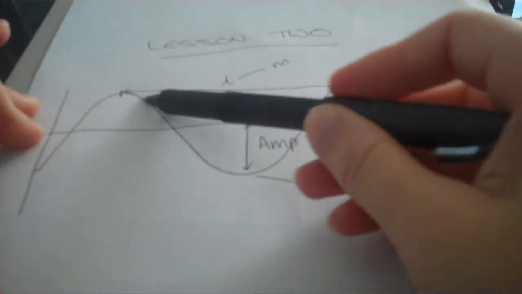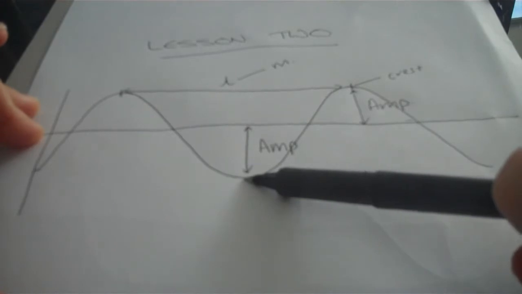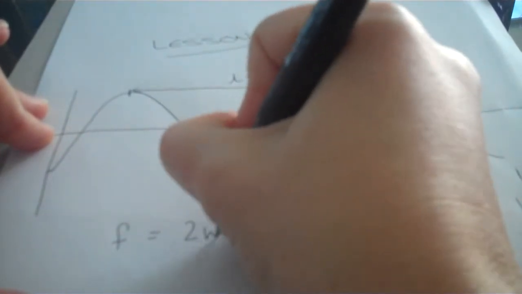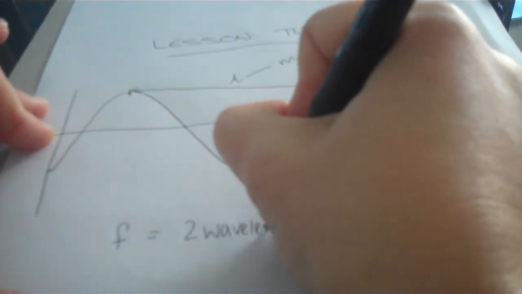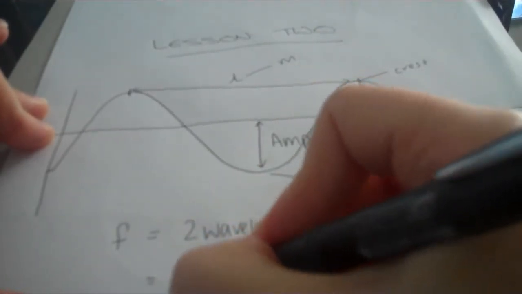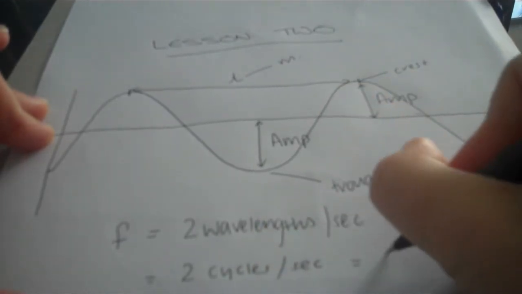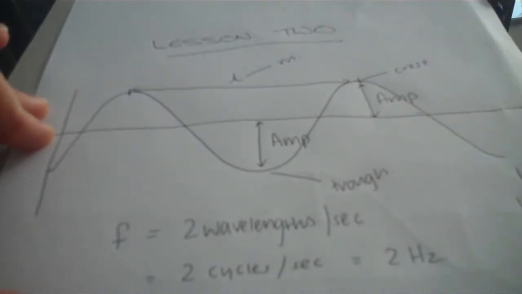You've got it from going from here to here. So that's one wavelength. Here to here, two wavelengths. So the frequency in this case is 2 wavelengths per second. Now wavelengths, we also call them cycles. 2 cycles per second. And cycles per second is equal to hertz. Okay, and we write hertz as Hz.